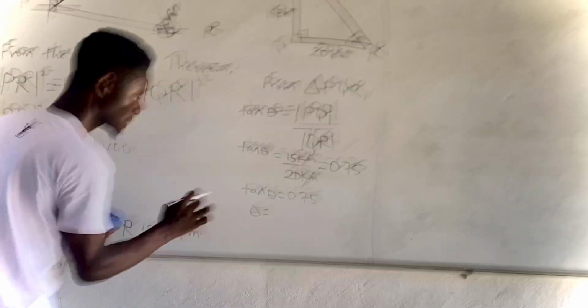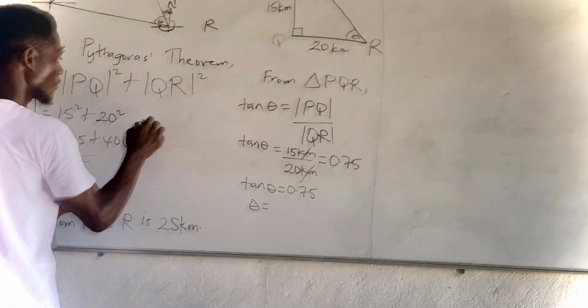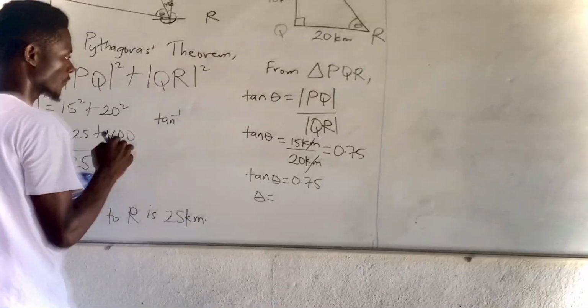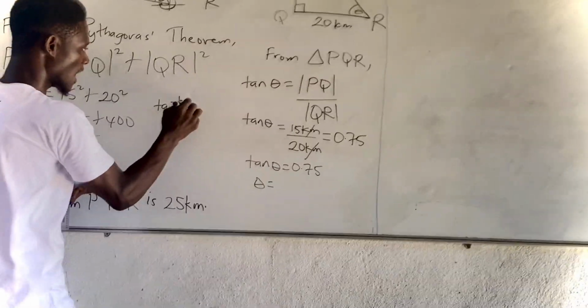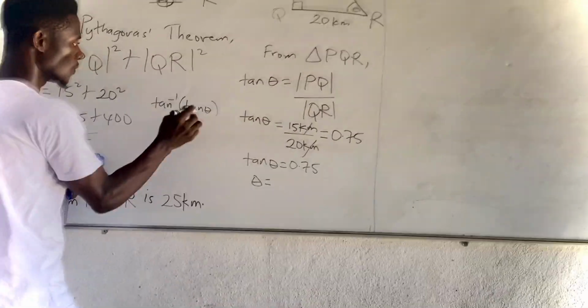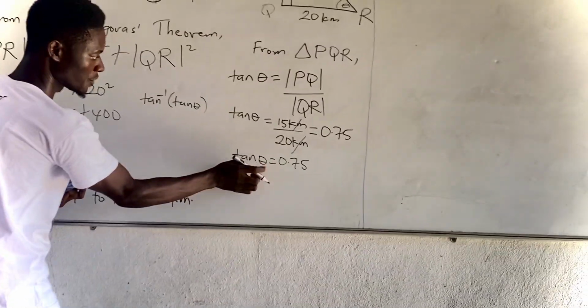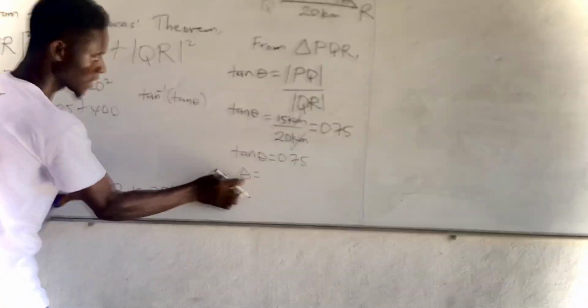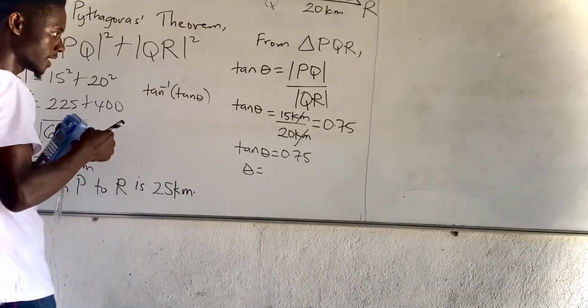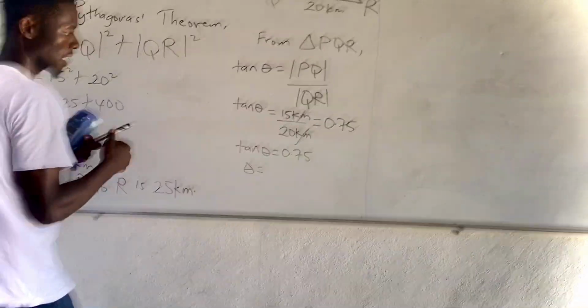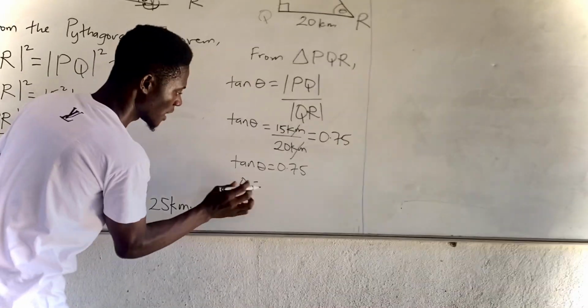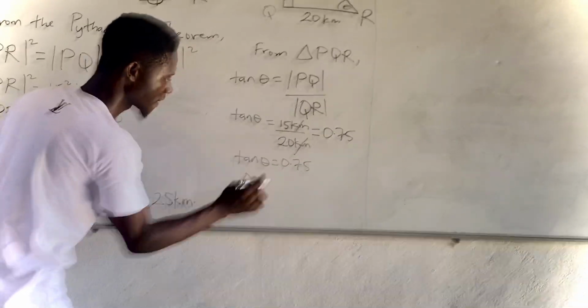There's a trigonometry identity that says the inverse of a function applied to that same function will give you the argument that is inside the function. In this case, the argument of the tan is theta. So that's why we'll be left with only theta. So take tan inverse on both sides.